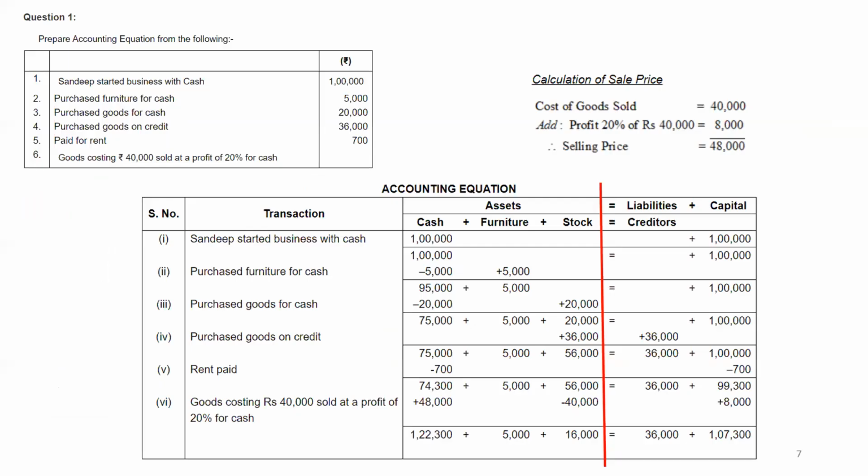So this is the actual question they'll ask you in the examination in the first PU. Now don't worry, just listen and understand the concept. That should be more than sufficient. After that, you can practice at home once you join the college. If you see here, the question will be given like this: prepare accounting equation from the following.